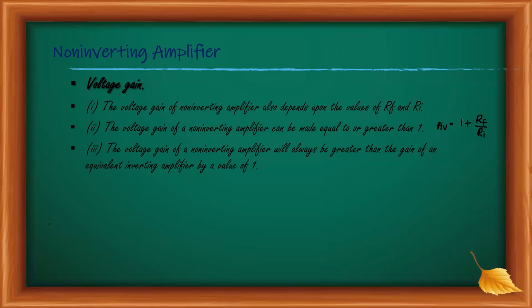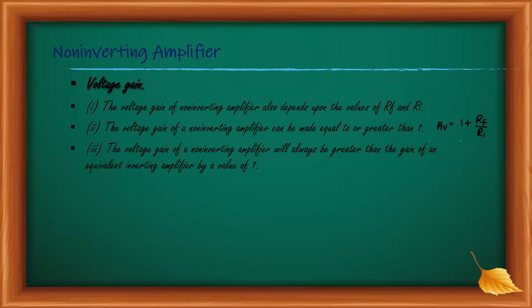That is, with the same RF and RI, if we use the same values of RF and RI in an inverting amplifier and in a non-inverting amplifier, the gain of non-inverting amplifier will be greater than inverting by a value 1.